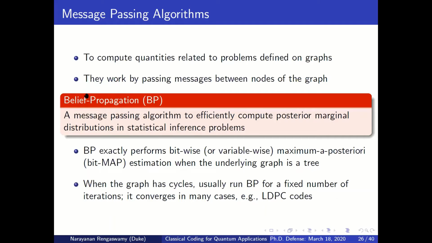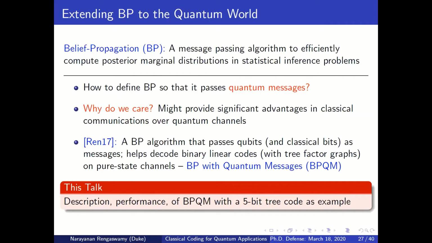And belief propagation is routinely used in cell phones and storage devices for error correction. Now, one theoretical question you can ask is, belief propagation passes probabilities as messages. So it's a specific message passing algorithm where the messages are probabilities.